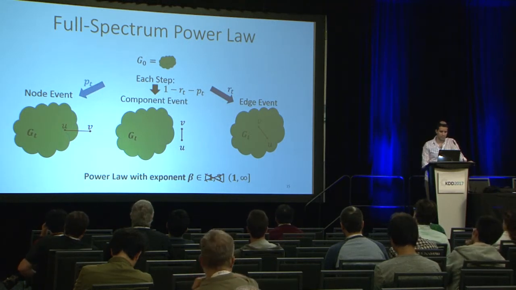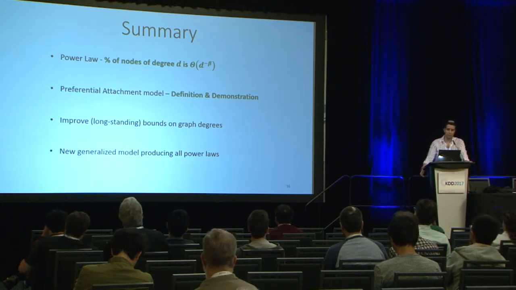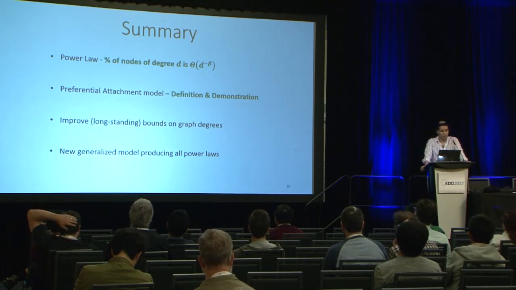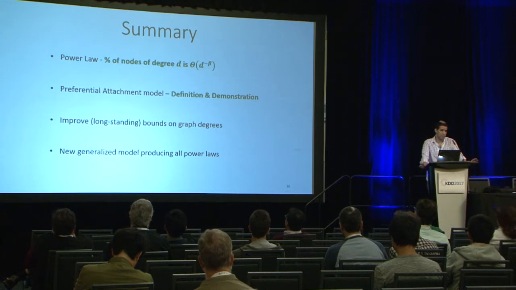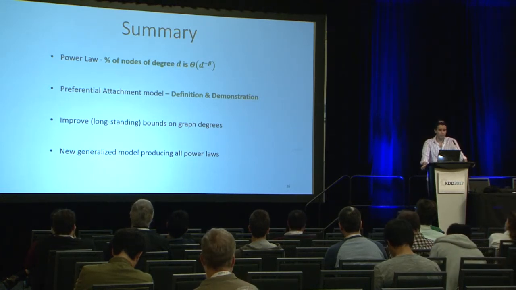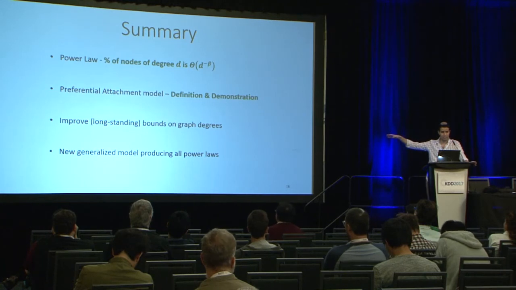And just to summarize what we did here: first I showed you what a power law is. This is just the definition of power law. Then I showed you the preferential attachment model, probably the most basic variation, which captures most networks out there. Then I showed you that we improved a long-standing result, and when I say long-standing, this is from 2006.